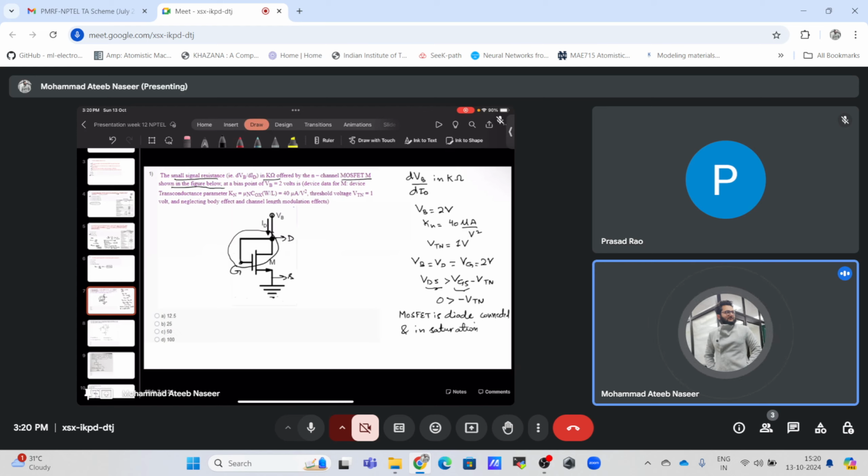So we need to find dVb by dId, which is also dVg by dId, and it is 1 by dId by dVg, which is simply 1 by Gm.